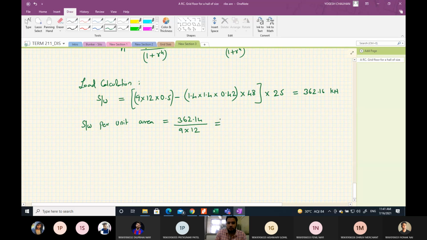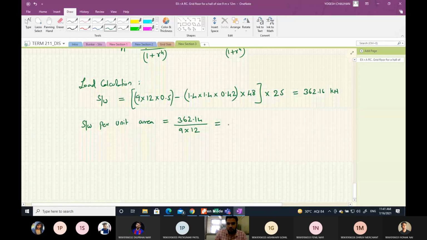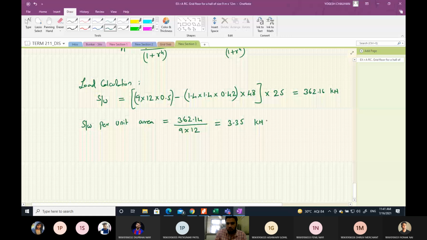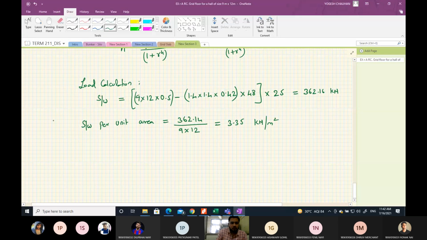So that will give you the per square meter load. So it is 3.35 kilonewton per square meter. This is our first load.